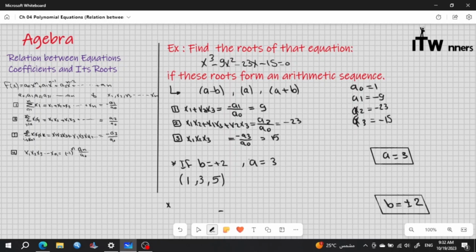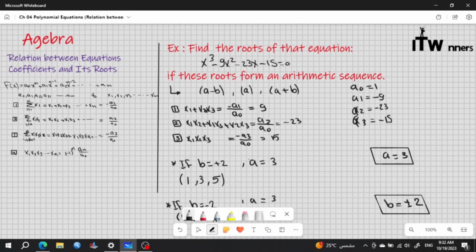And if b equal to −2, a equal to 3, our roots are a − b equal to 5, a equal to 3, and a + b equal to 1.